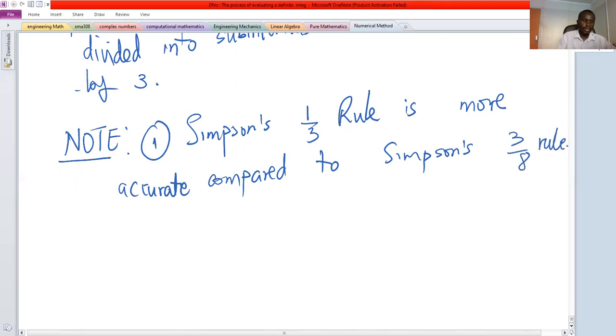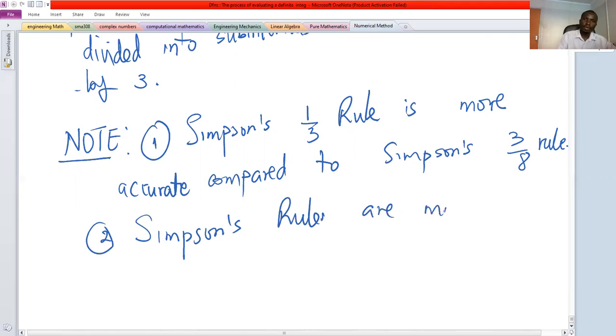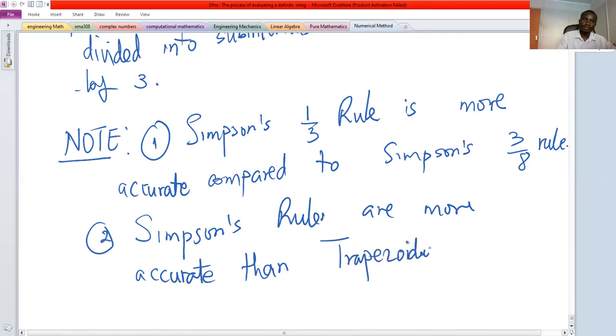We'll see in the examples. And then number 2, Simpson's rules are more accurate than the trapezoidal rule. We'll see specific examples to illustrate this one.